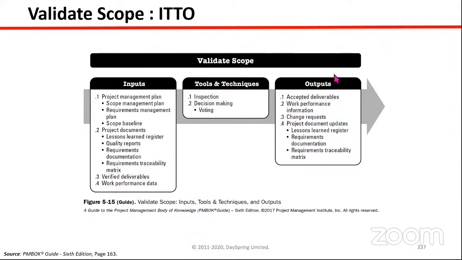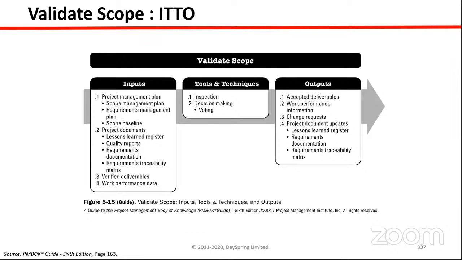Sorry to interrupt. From a general point of view, this work performance data is some sort of raw data, right? This raw data is coming from direct and manage project work, and from there it is going to this. The validate scope process is done by external bodies, I mean the customer.